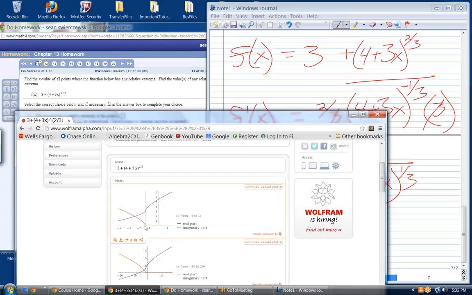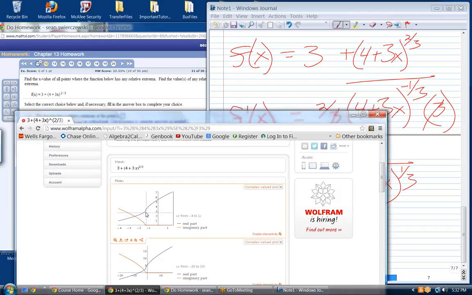Wolfram Alpha gives you the imaginary and the real. So the only one we're really interested in is this blue line. Notice what happens right there. That has a vertical slope. That's where the division by 0 is going to take place. So that is our critical point.